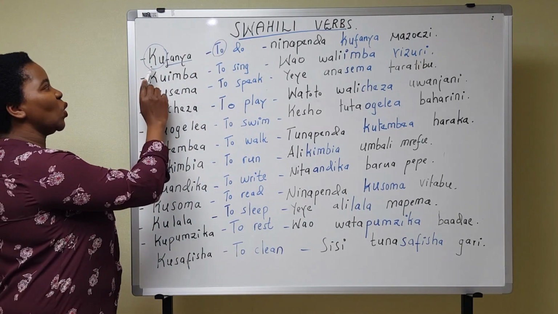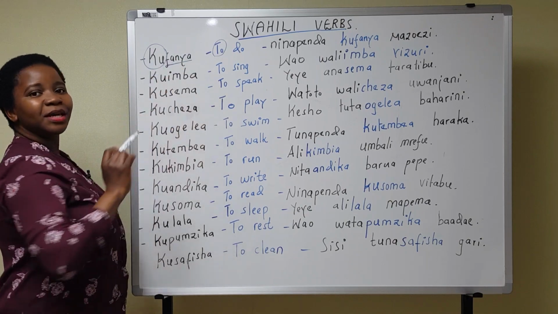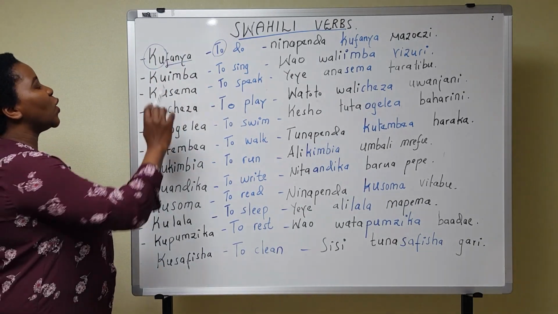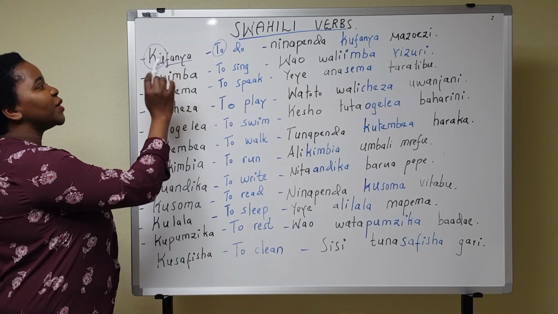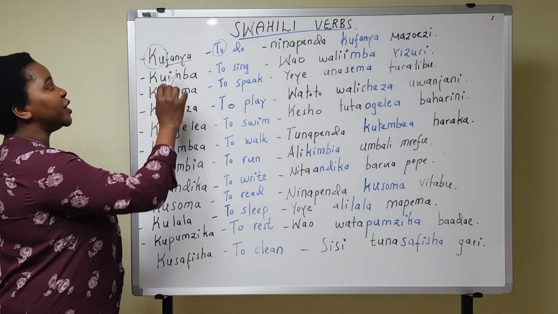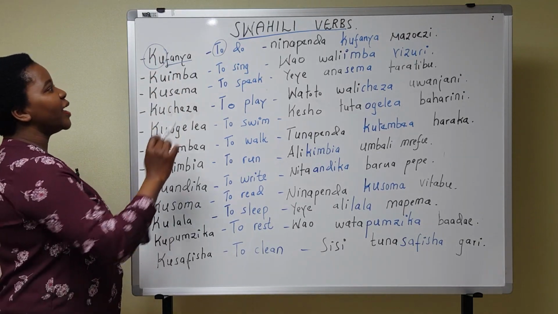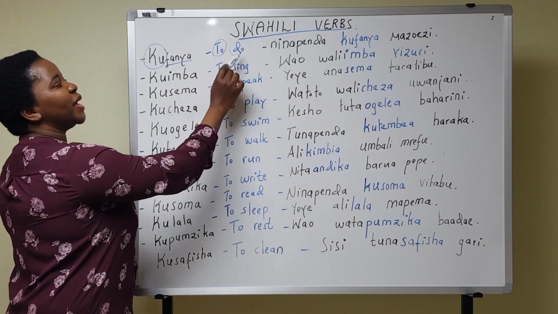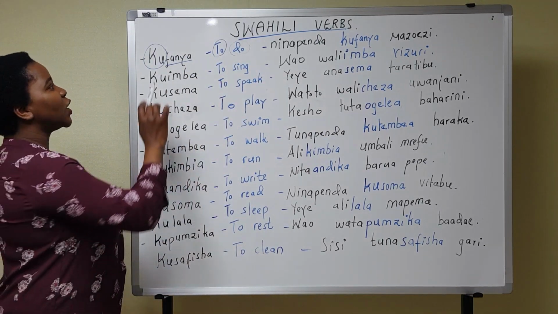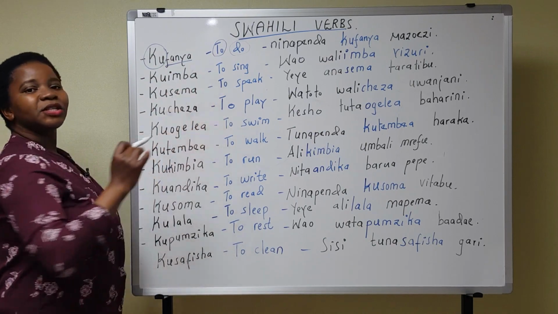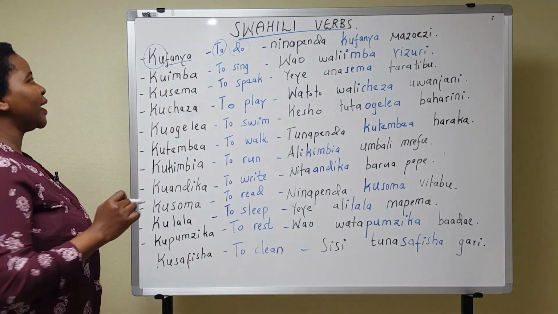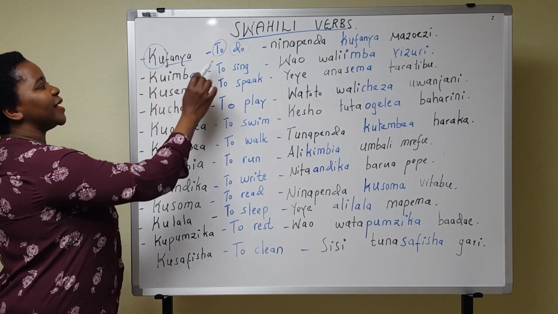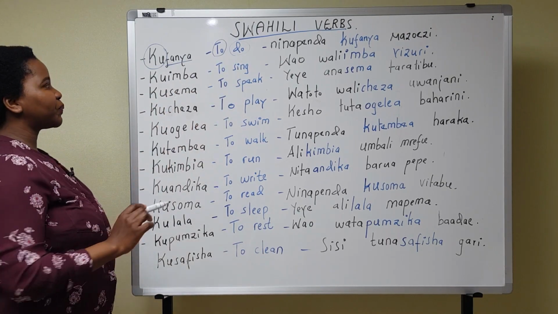So ku in Swahili means to. The root, which is our verb, is fanya, which means do. Fanya means do, but kufanya is to do.